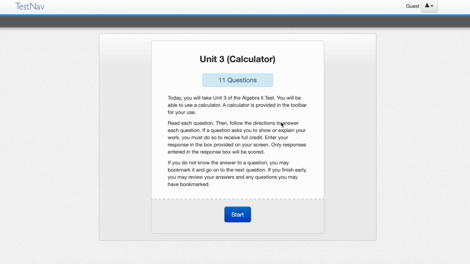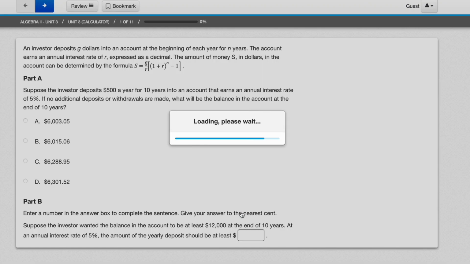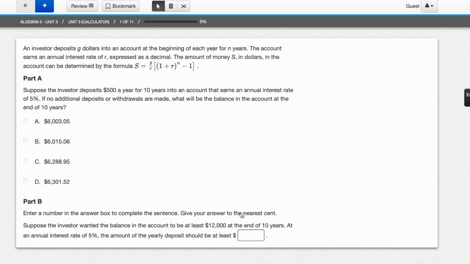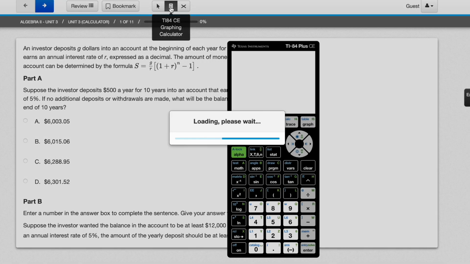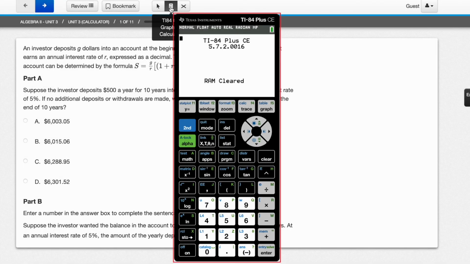Click Start. On this page, do not worry about these questions or this test. We're not here to take the test. We're here just to use the calculator. So look up here. You see that calculator icon up here? Just click on that. This is a TI-84.